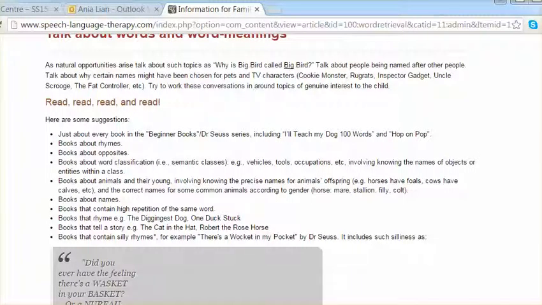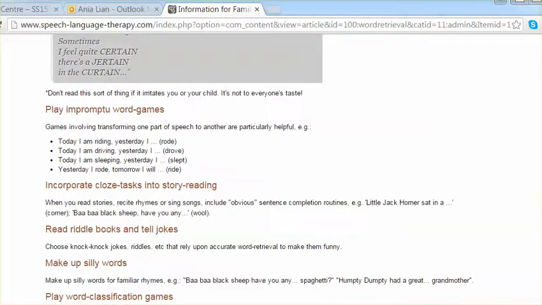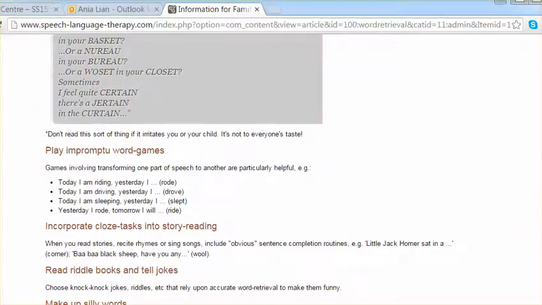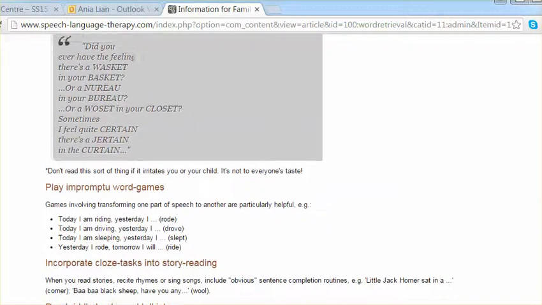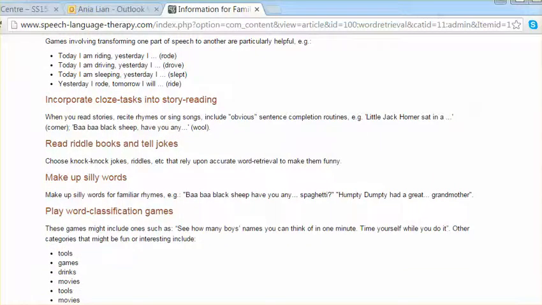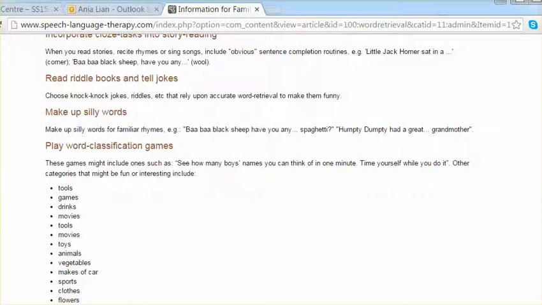And a lot of information, make up silly words, read riddle books. So, right, a lot of American tradition in Australian schools will be about that. It's about engaging children in particular games which are believed to work.